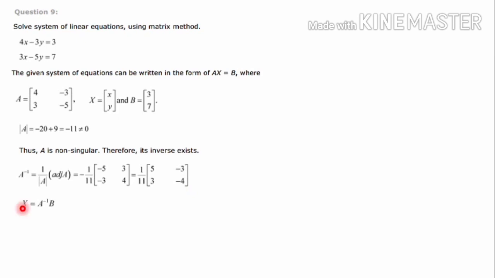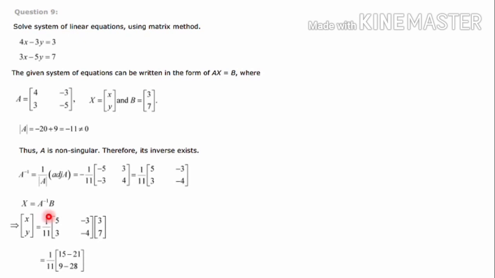Then go for calculating X, that is X is equal to A inverse into B. That is matrix xy equal to A inverse, 1 by 11 into 5, minus 3, 3, minus 4, into B, our constant matrix, that we have calculated here. B is 3, 7.